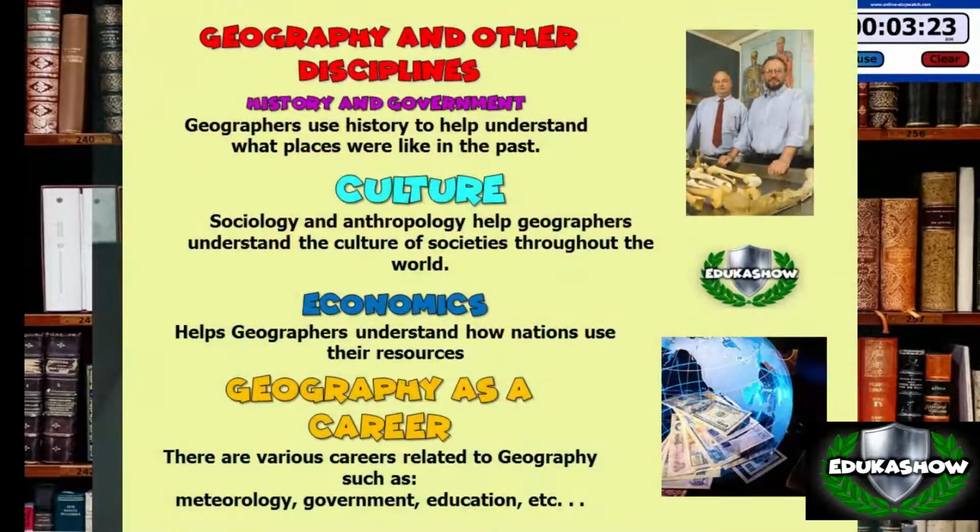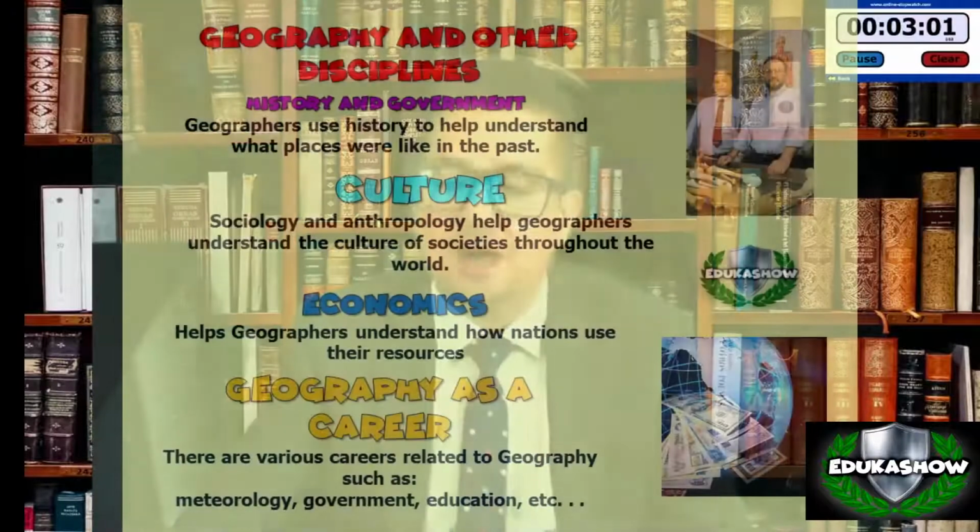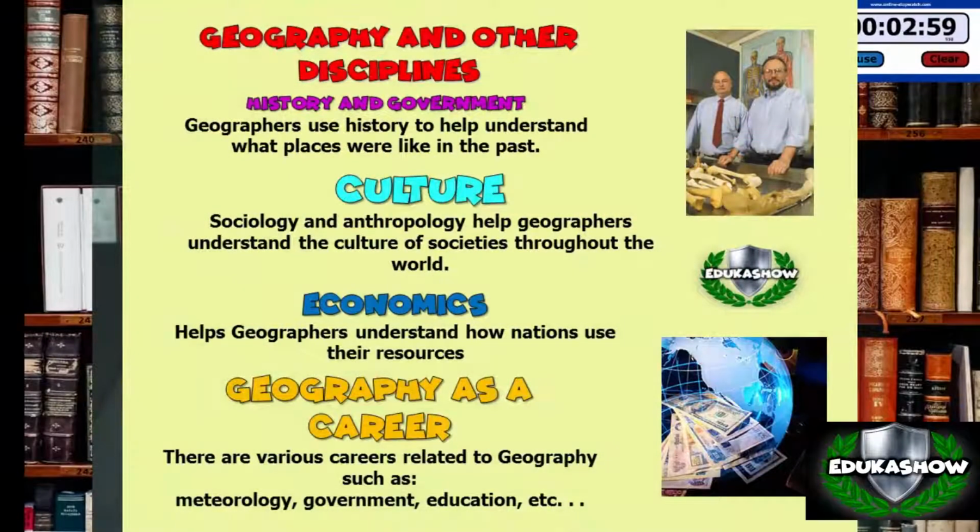Therefore, we depend on different countries for many, many things. And finally, geography as a career. So this is super cool and super important. There are various careers related to geography, such as meteorology, government, education, and over here, of course, as I told you before, since, for example, history and geography are linked, you can find a lot of careers related to those sciences that are pretty well paid and pretty specific.